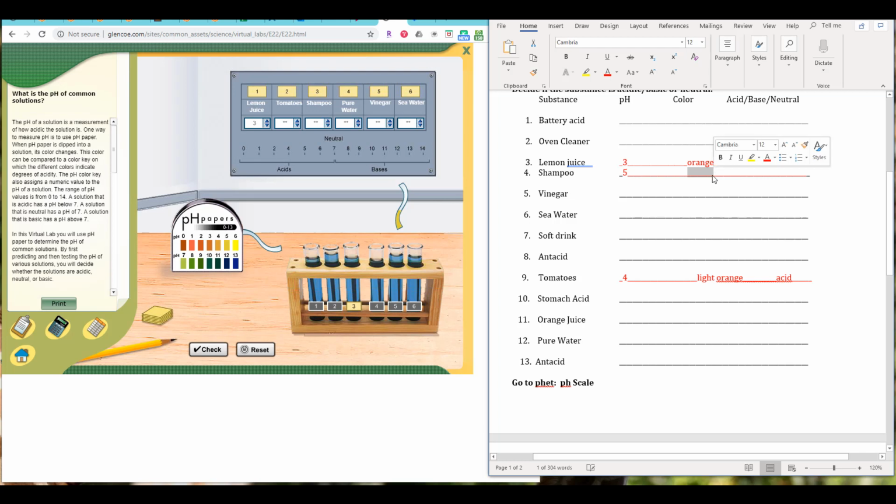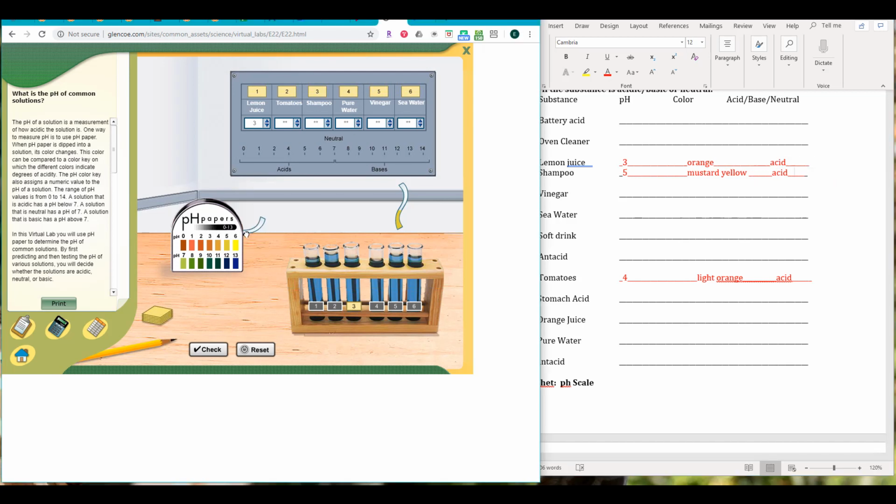I'm going to write mustard yellow, you could write dark yellow, something like that, and it's still an acid. Now let's go to the 4th thing, which is pure water. Do you see how it's this light green? So that's a pH of 7.